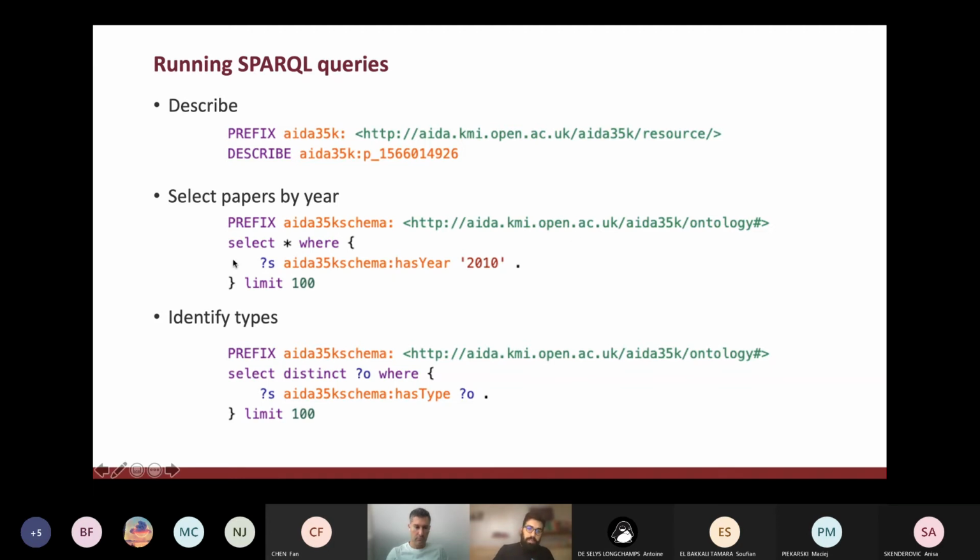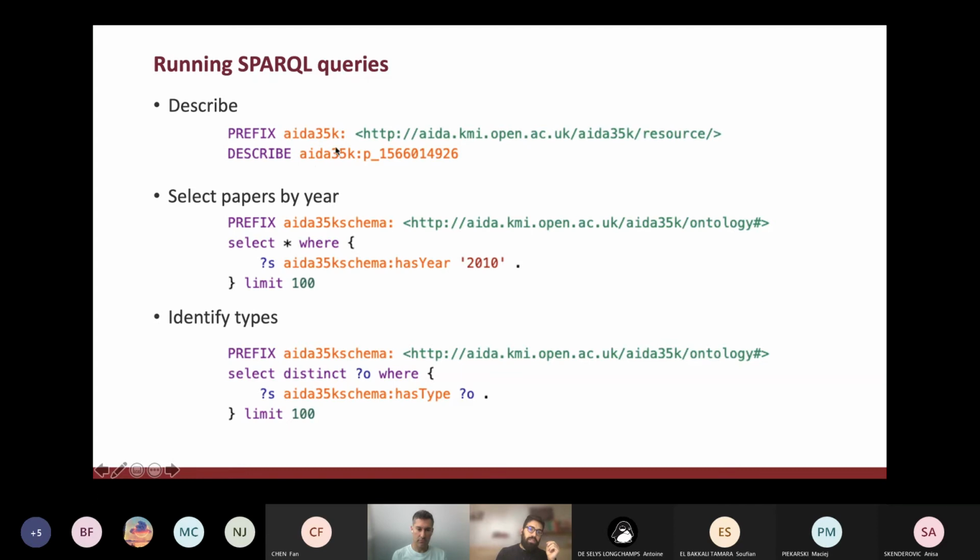So then there is select papers by year. It's pretty straightforward. Use describe and you put the entity URL. You can either write the full URI, or you can use these prefixes like AIDA 35K, which is a prefix.